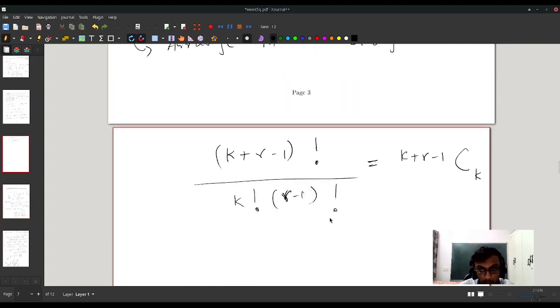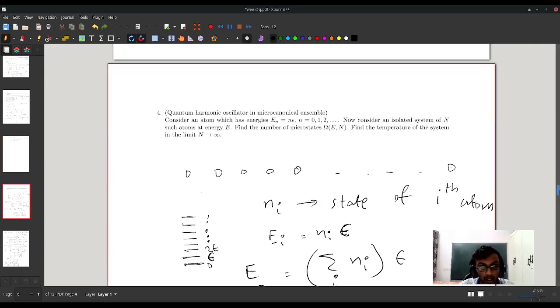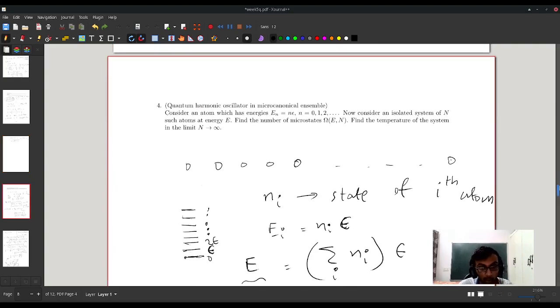In the previous problem, we calculated the phase space volume to get the number of microstates.